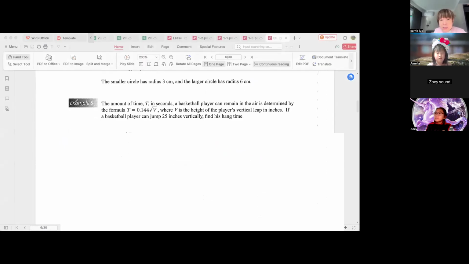The amount of time t in seconds a basketball player can remain in the air is determined by the formula t equals 0.144 square root v. v is the height of the player's vertical leap in inches.